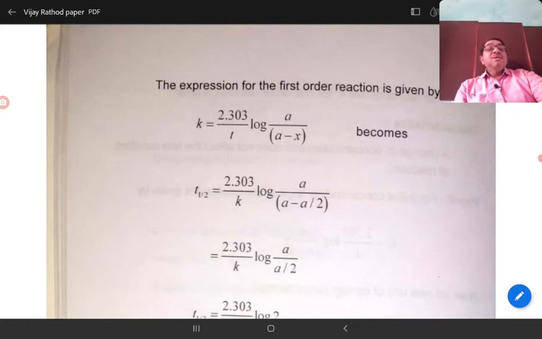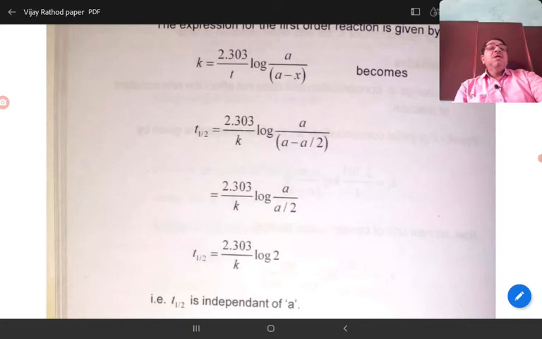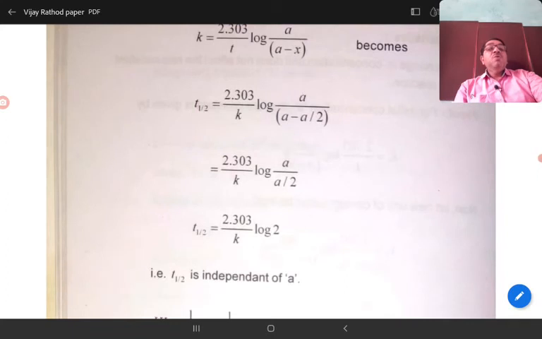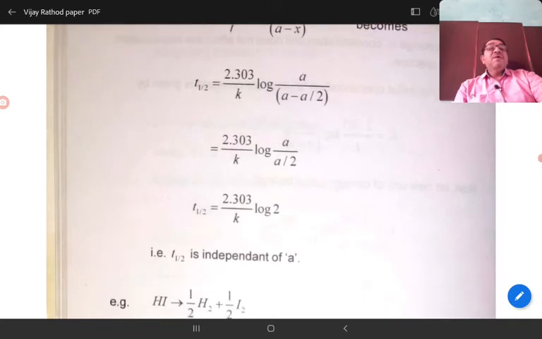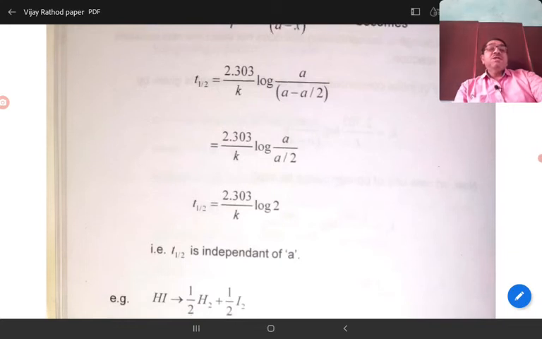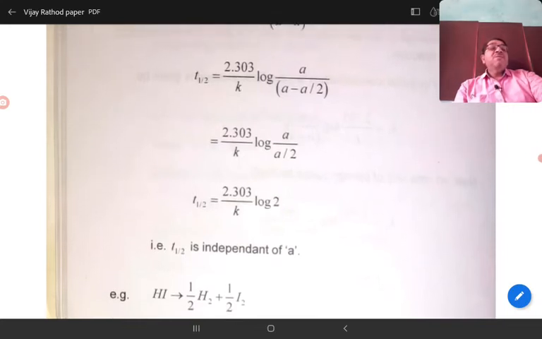When we simplify it, 2.303 upon k into log of a upon a by 2, that is t half is equal to 2.303 upon k, and that log of a upon a by 2 becomes log of 2. That is, t half is independent of a, which is the initial concentration. So we can confidently say this now.